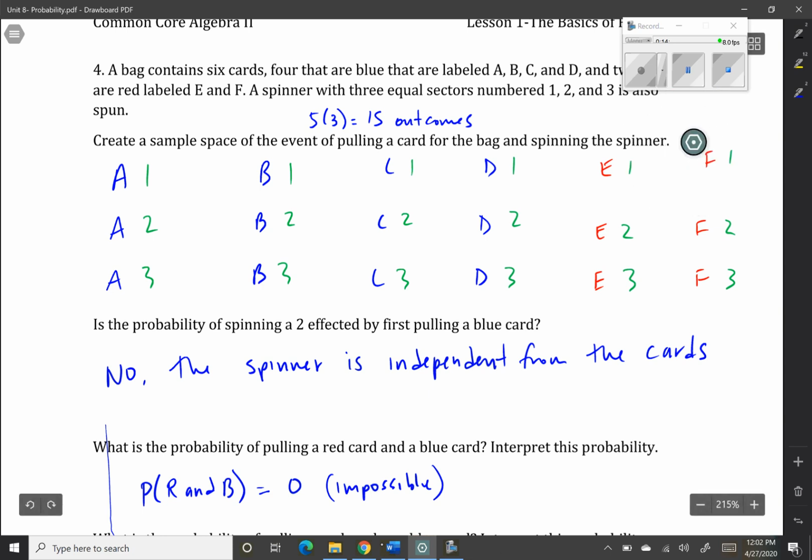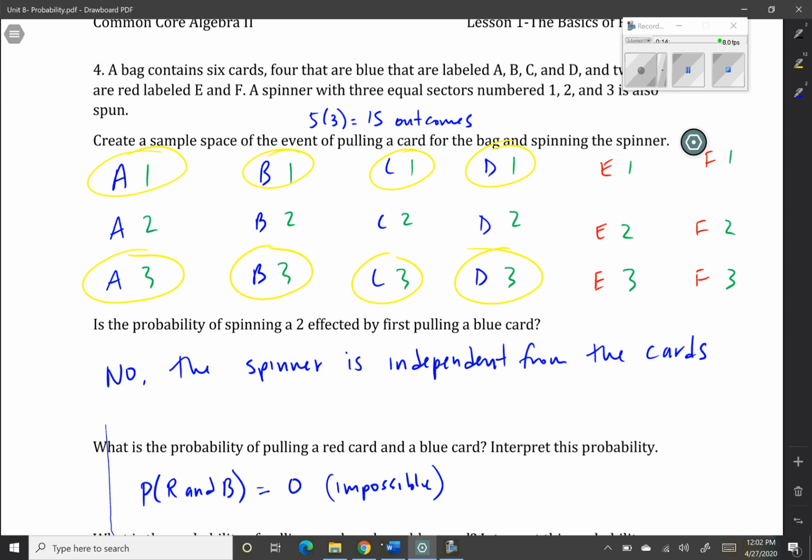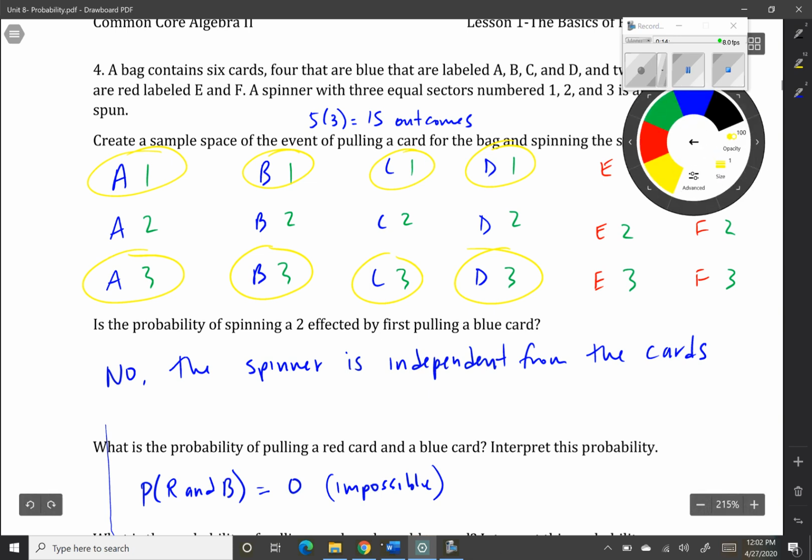So I have blue and odd, blue and odd. The 8 things I circled there in yellow satisfy the condition of both being blue and odd. So there are 8 out of 15 outcomes that satisfy that condition.